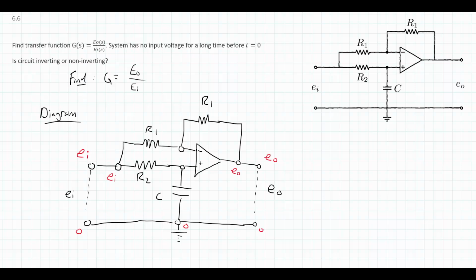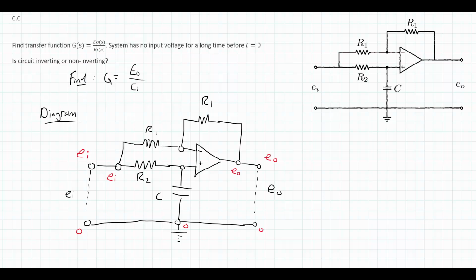All right, so I'm left with 2 nodes whose voltage I don't know at the moment. But there is some information I do know, because both of those nodes are attached to the op amp. And with an ideal op amp, we are saying that the voltage at the positive input and the negative input must be equal. I don't know what that voltage is as a number right now, because there's a capacitor between the bottom node going into the positive terminal and 0, and there's a resistor between it and EI.